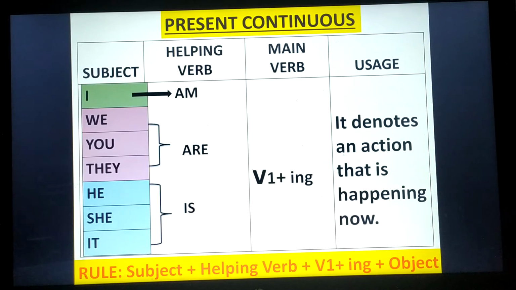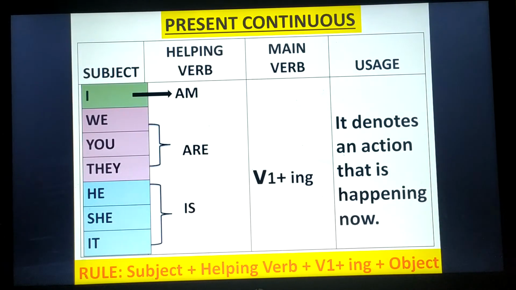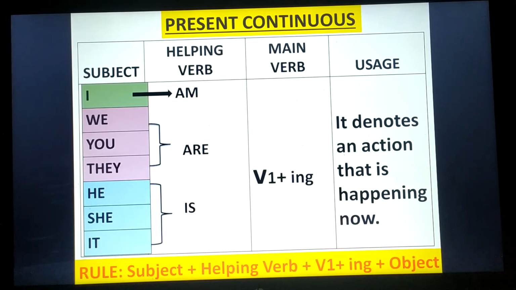And for the main verb, we use the verb's first form with ing, like speaking, eating. Eat is the first form of the verb; if I add ing to it, it will be eating. If I add ing to speak, it will be speaking, right? We use it to denote an action that is happening now.